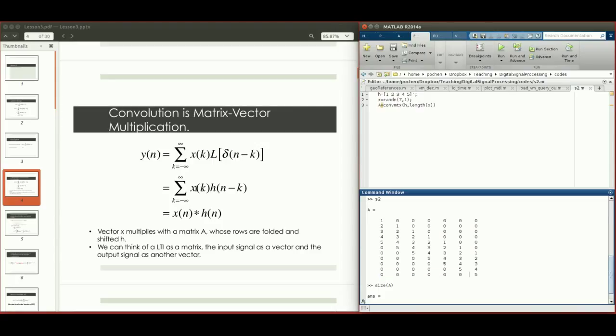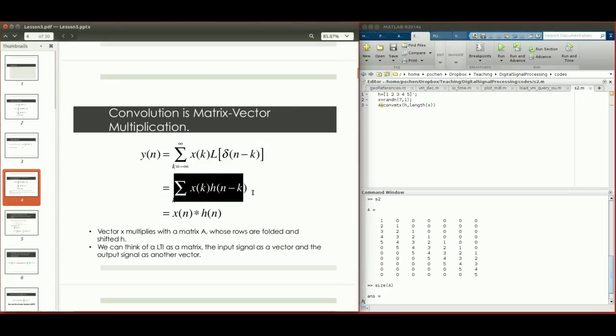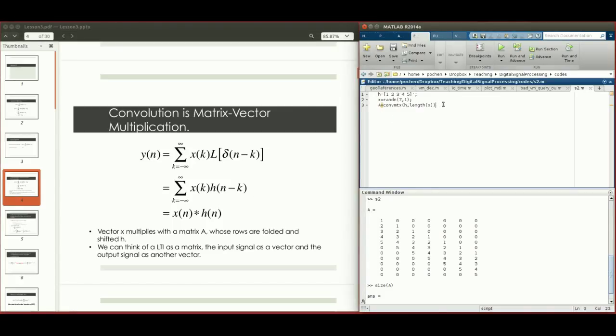So you can see the correspondence between this summation, this formula, and the matrix vector multiplication. Let me just finish the code. A times x, let's just call it y equals this. And then I'm going to do y1 equals conv(h, x), and then plot.